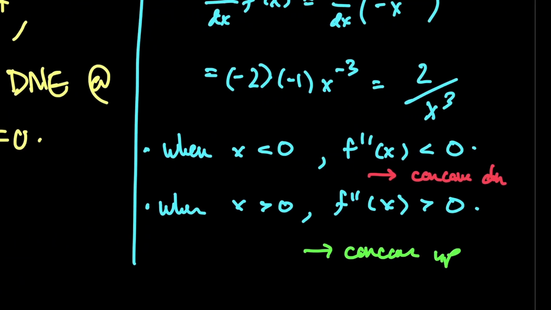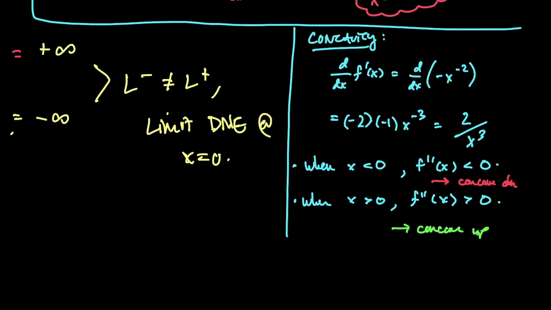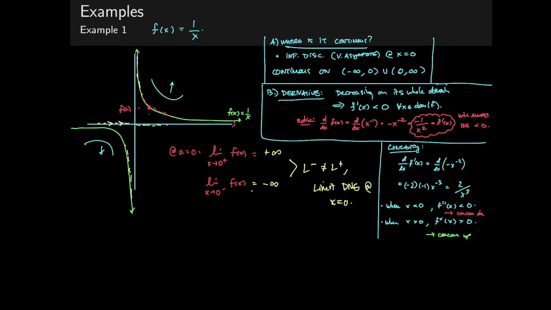You'll also see this in a lot of places. Concave up is kind of a made-up term. This is really called convex, and concave down is called concave. I may have said this before, but I just don't want you guys to get confused when you're out there reading other things.